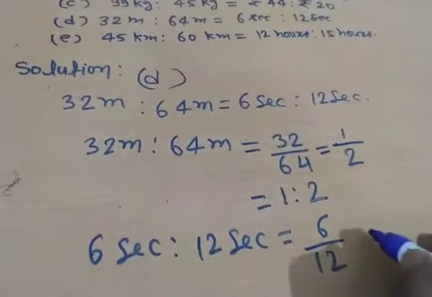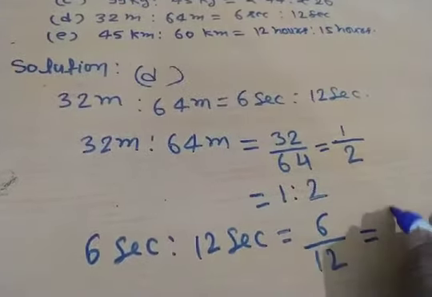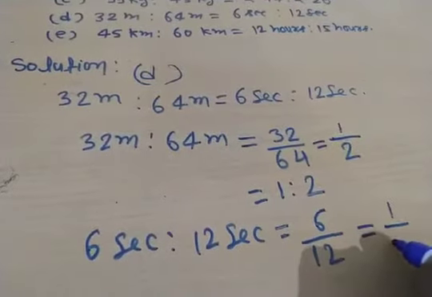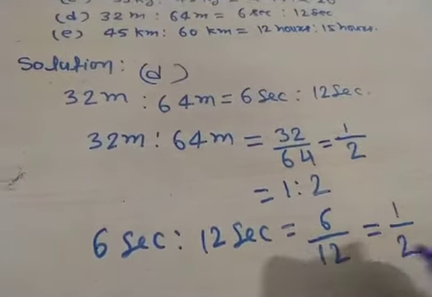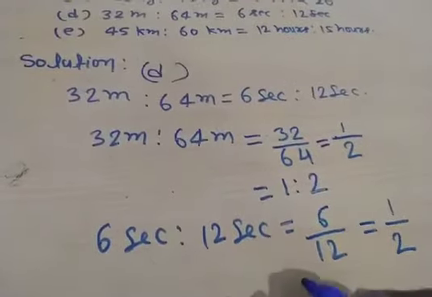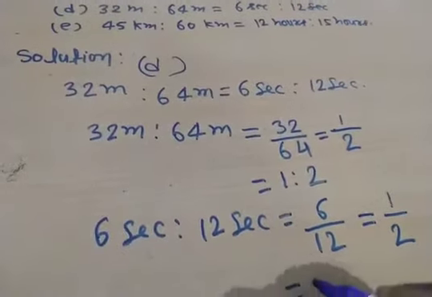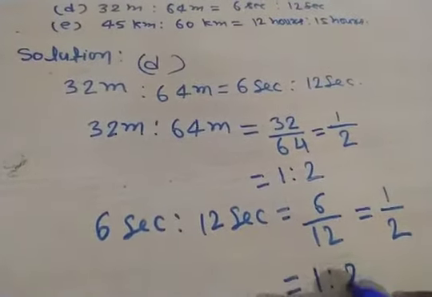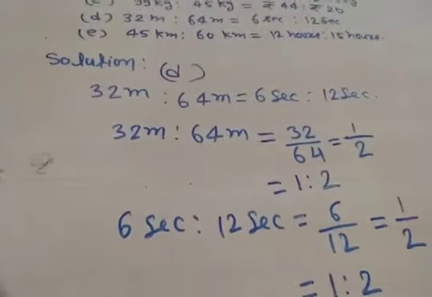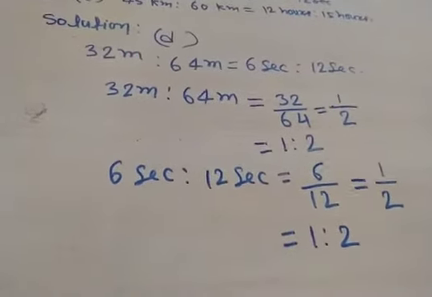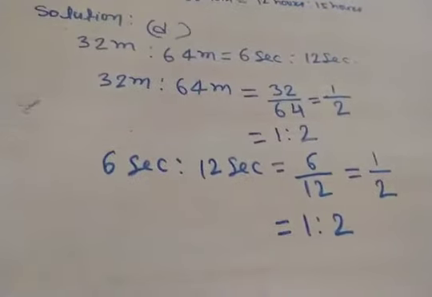Simplified, this is equal to 6 times 1 is 6 and 6 times 2 is 12. Clear? So you can write here 1:2. So student, you can see here that both ratios are equal.